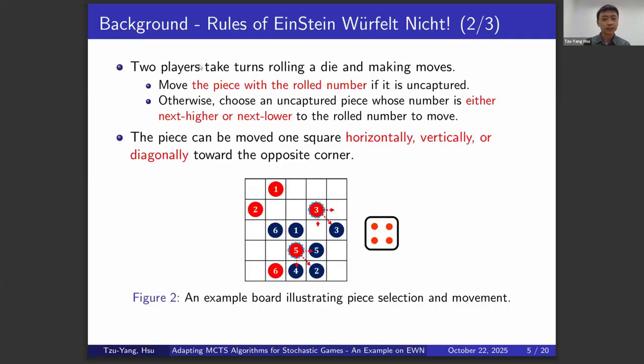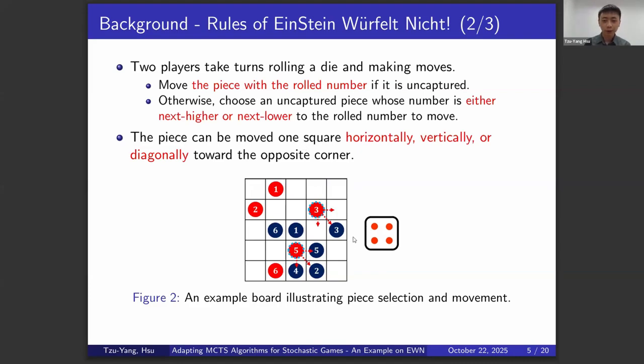When the game starts, 2 players take turns to roll a die and make moves. The player must move the piece with the rolled number if it is uncaptured. Otherwise, the player can choose an uncaptured piece whose number is either next higher or next lower to the rolled number to move. The selected piece can be moved 1 square horizontally, vertically, or diagonally toward the opposite corner.